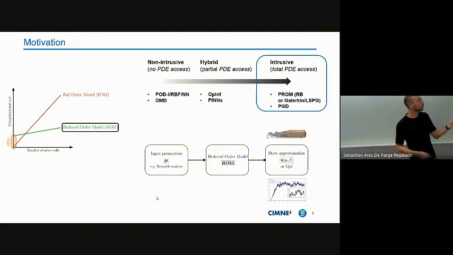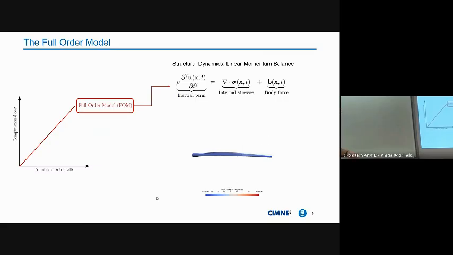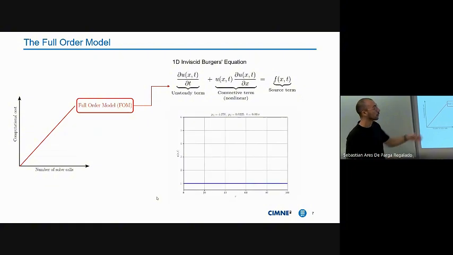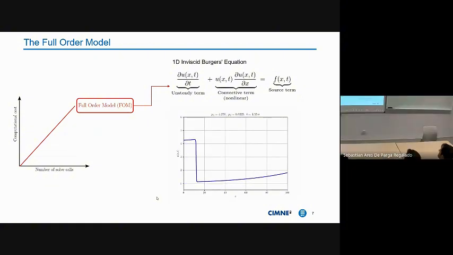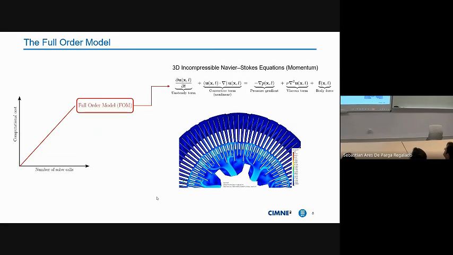The ones that I have been working on the most in my PhD are the totally intrusive ones, which are projection-based reduced order models based on the Galerkin projection and the LSPG projection. So let's talk about the full order model. We could be talking about a structural dynamics case, a model problem that has a moving discontinuity, like the 1D Burgers equation, or a 3D compressible Navier-Stokes.